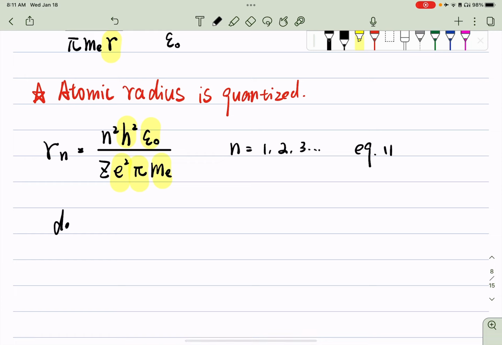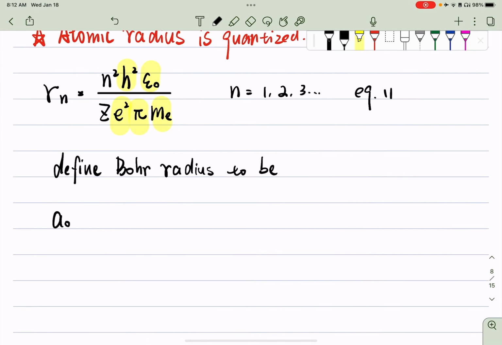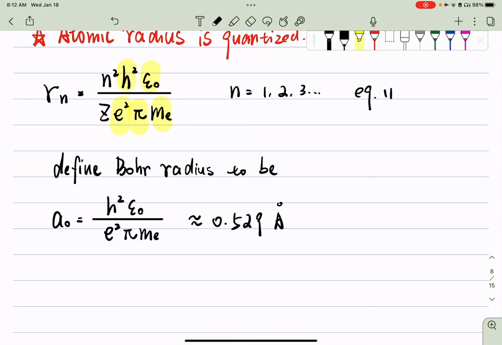So we define the Bohr radius a naught equals h squared epsilon naught over e squared pi m_e, which is roughly equal to 0.529 angstrom.